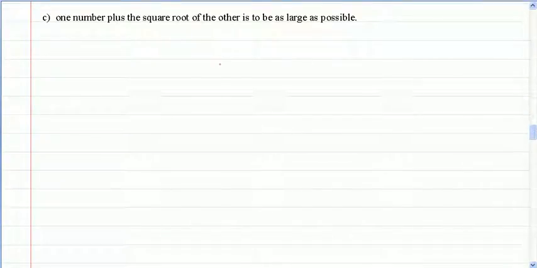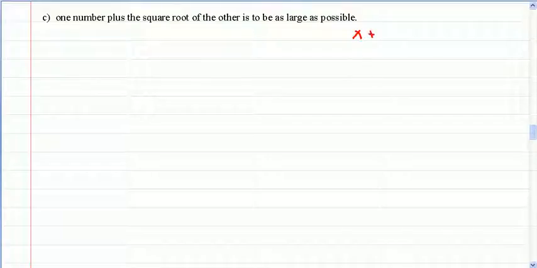For part C, one number plus the square root of the other is to be as large as possible.